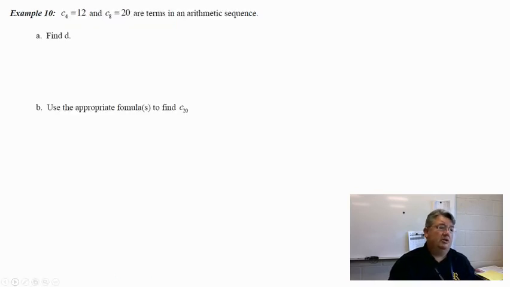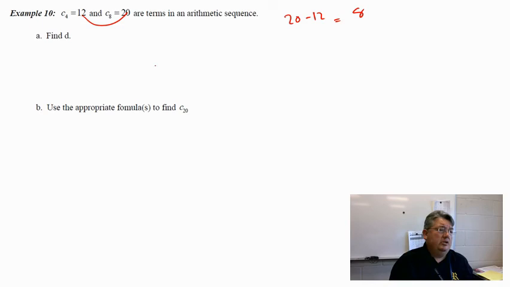Cool. Let's look at this. Wow, look at this. Fourth term is 12. Eighth term is 20. Find the common difference. Well, I like to do this. 12 to 20. That's 8. So really I've gone 20 minus 12.